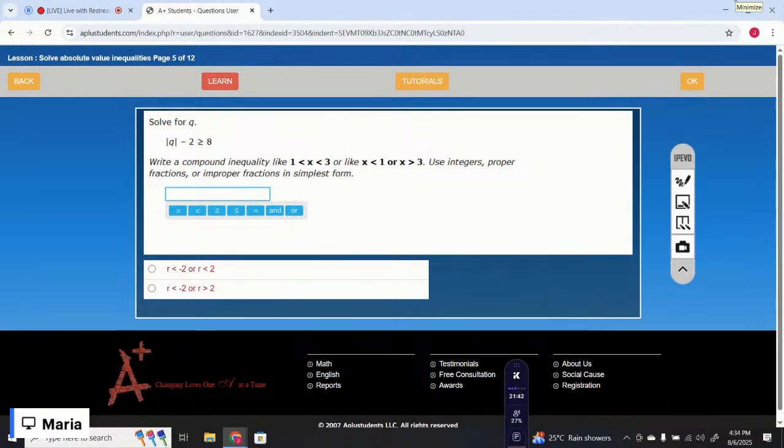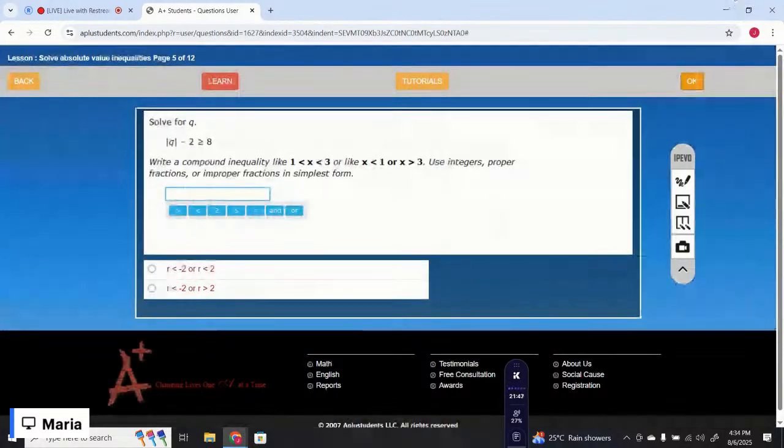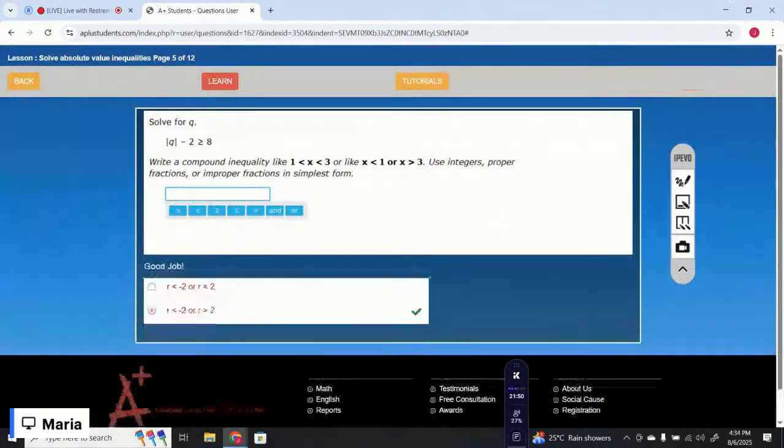You can select any of them because 8 plus 2 is 10. But we are not given any of the options here.